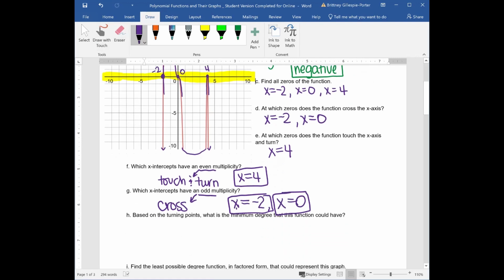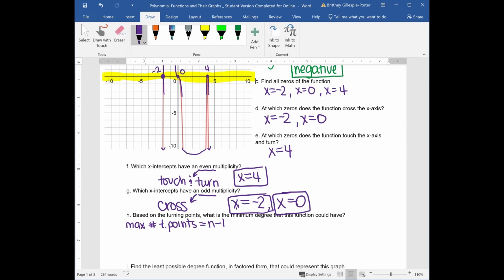Part H asks, based on the turning points, what is the minimum degree that this function could have? Remember that the max number of turning points was equal to our degree minus 1.